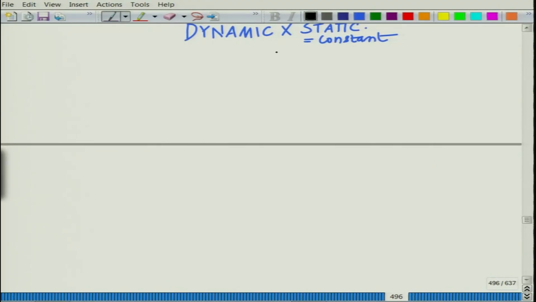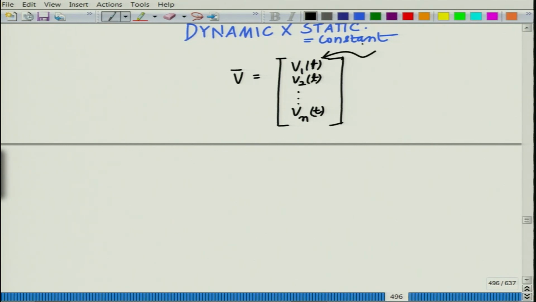Now, this generally has the form, if I define a vector v bar. Naturally it is going to be a function of time. Remember we said this is a dynamic system. You can clearly see the dynamic nature is reflected by the fact that this is a function of time.